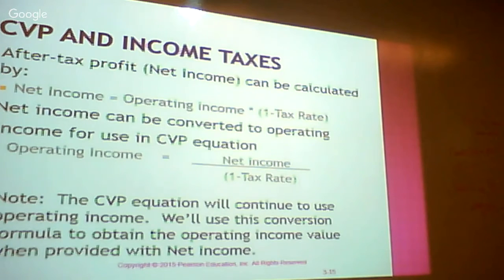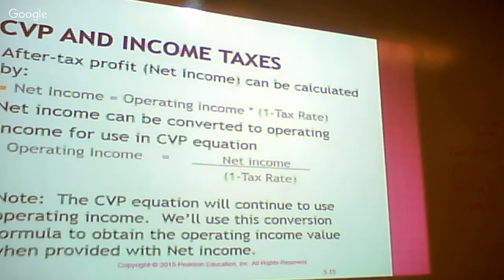So if our tax rate is 20%, what's left over? 80, okay? So I take 1 minus the tax rate, or what's left over. A lot of these questions are going to be based off of, I believe, 40%. So what you're going to do is take your operating income times 60%.